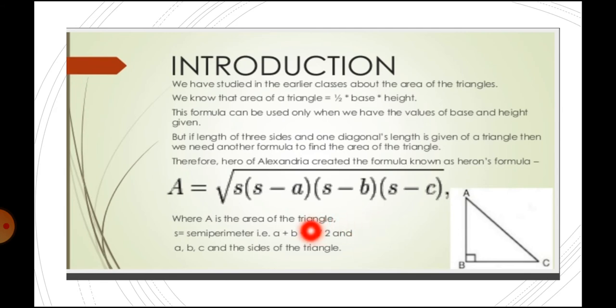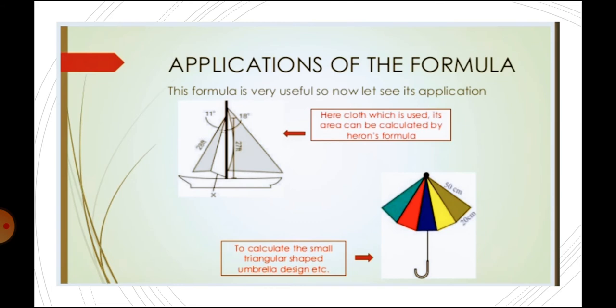S is equal to a plus b plus c upon 2. This S is called the semi-perimeter of triangle ABC, whose side lengths are a, b and c respectively. Now, this is all about what Heron's formula is.